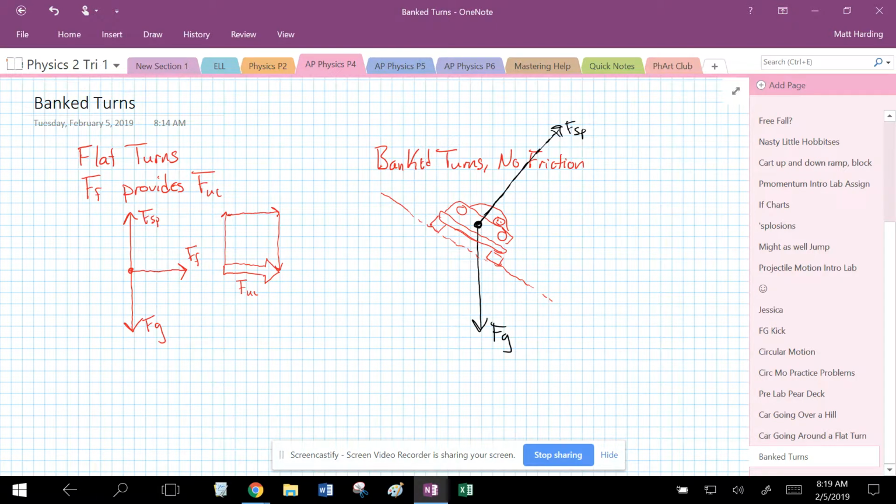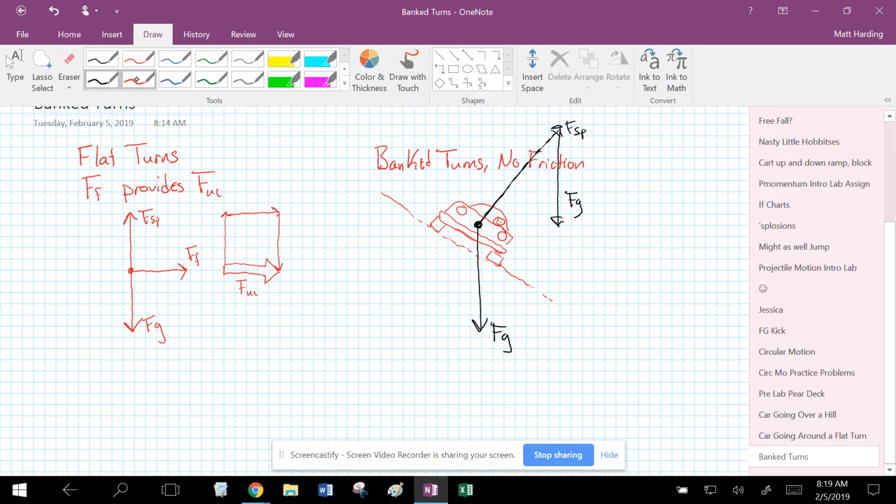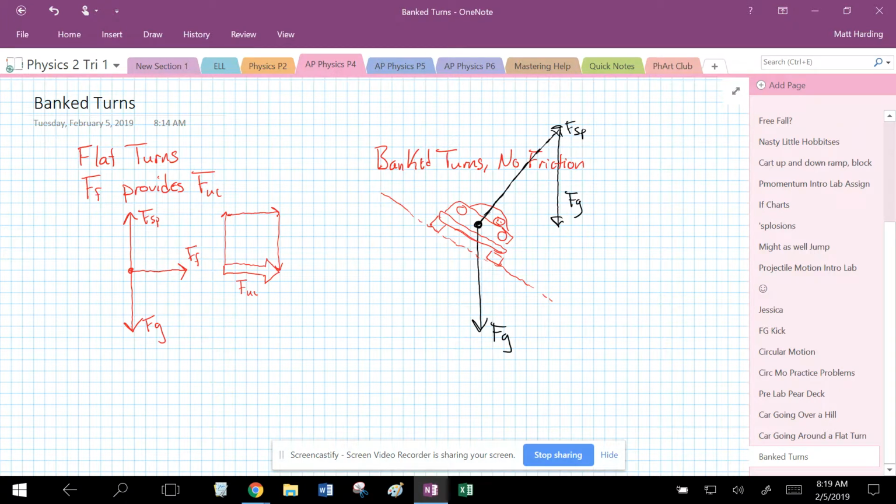And you can see that when I add the gravity to the end of this F_N, if it's just those two forces that we're looking at here, if there's no friction in this axis, that's going to result in an unbalanced central force pointing towards the center of the turn. So it's not relying on friction to turn, it's relying on the fact that the F_N is a little bit tipped in towards the center. And that's creating that F_UC.